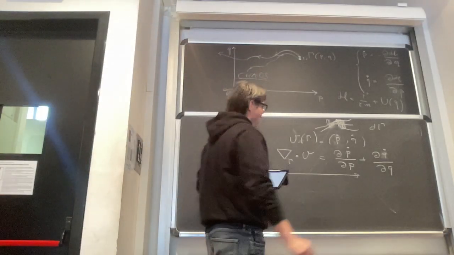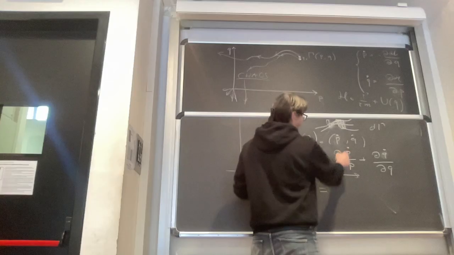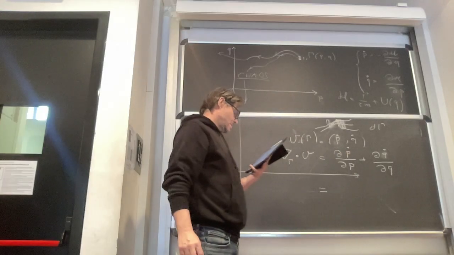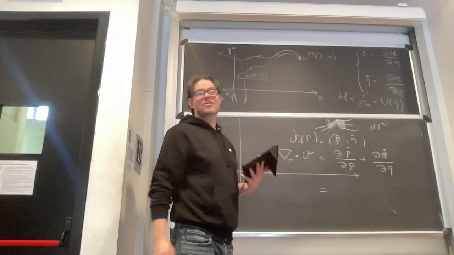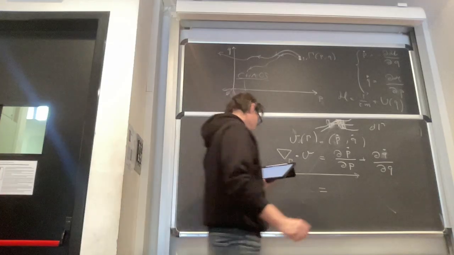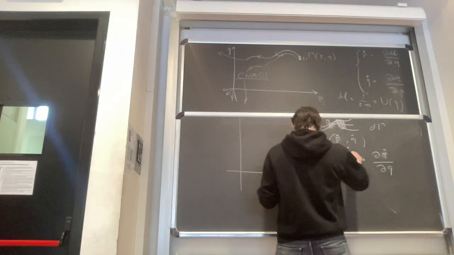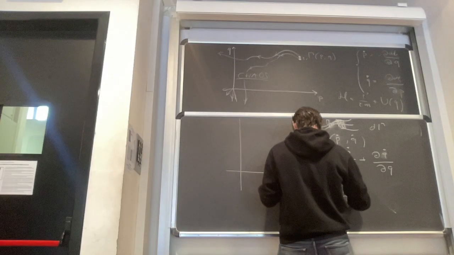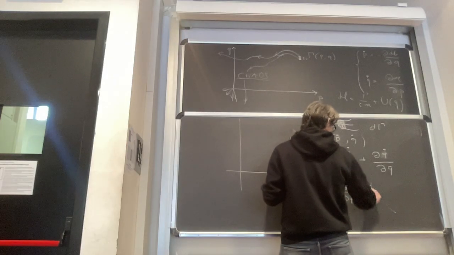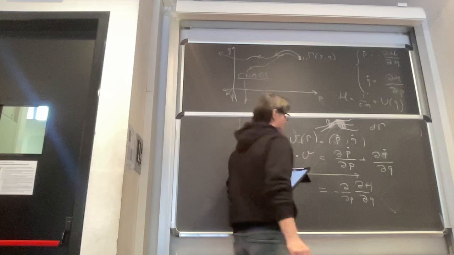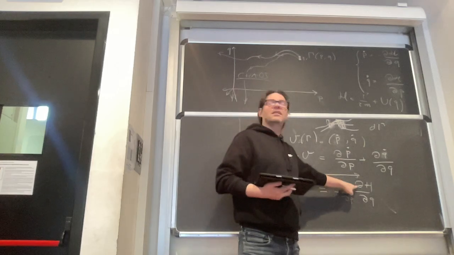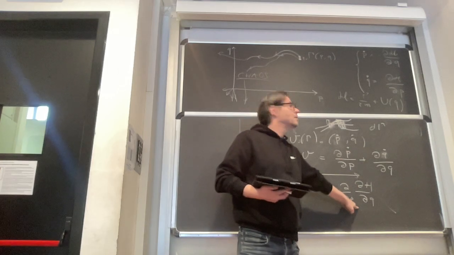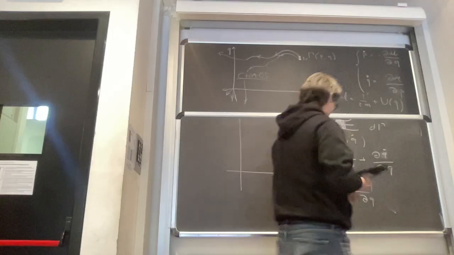Now, if I look at the divergence of velocity, and I use Hamilton's equation, I find that this term here is negative d by dp of dH by dq, because p dot is negative dH by dq, Hamilton's equation number 1.